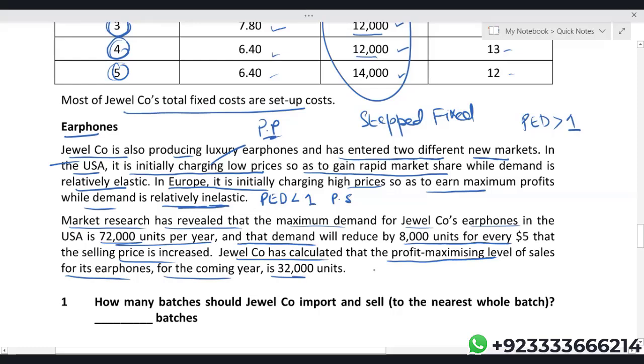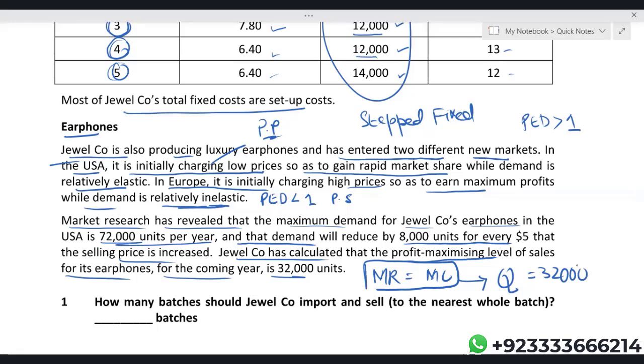So we know that the profit is maximized when MR is equal to MC. At this level, the examiner has already found the quantity, that is 32,000 units. We know that according to the economist, profit is maximized when marginal revenue will be equal to marginal cost.